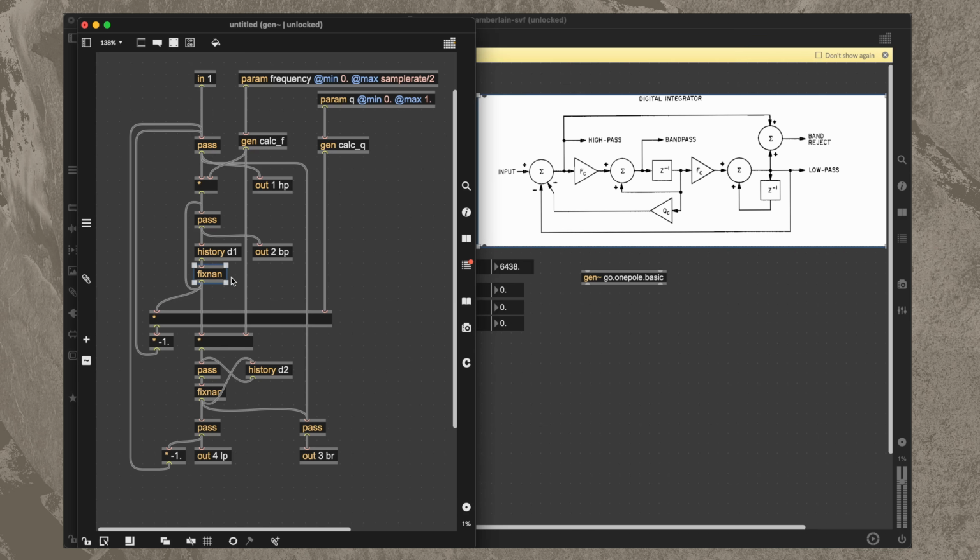I discovered some problems where I was getting not a number, NaN, that seemed to be originating from these integrators. So I put a fixed NaN, which basically turns a NaN into a 0. I don't know that this is strictly necessary, because I think one of the reasons it may have been happening is because I was sending in amplification values here and here that were invalid for this algorithm.